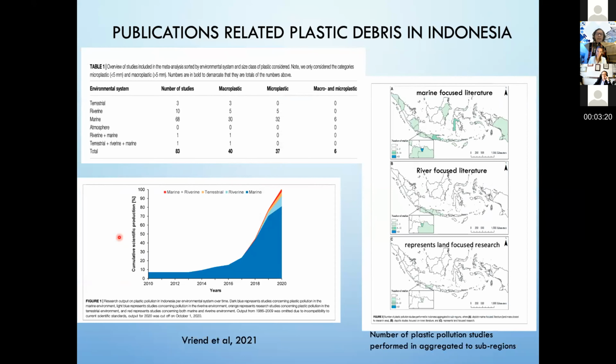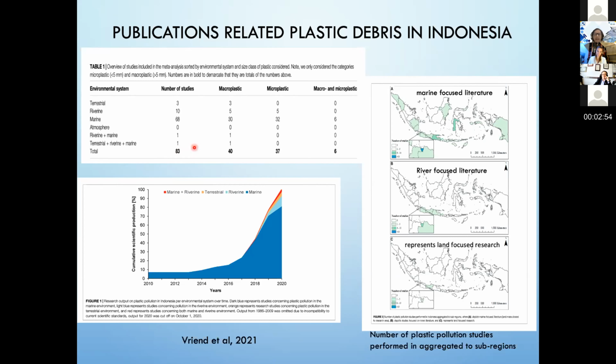But compared with our country, a big country, there are only 83 publications, but maybe some of them are not published in international publications. That's why we have some only in Bahasa publication, or some they just put in a report or something like that.